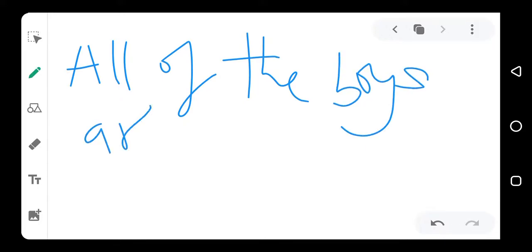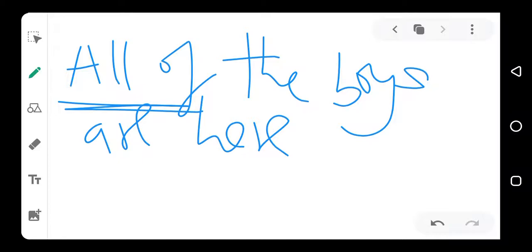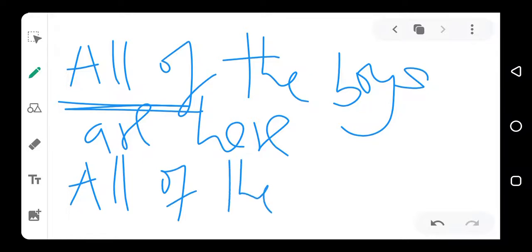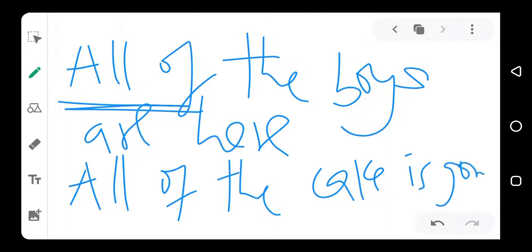Next one, all of the boys are here, but all of the cake is gone. The mistake a lot of people make is that once they see all of, they think that so many things are involved and therefore they must use a plural verb.